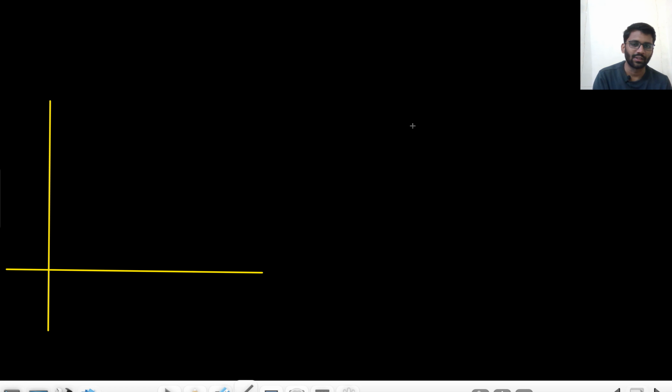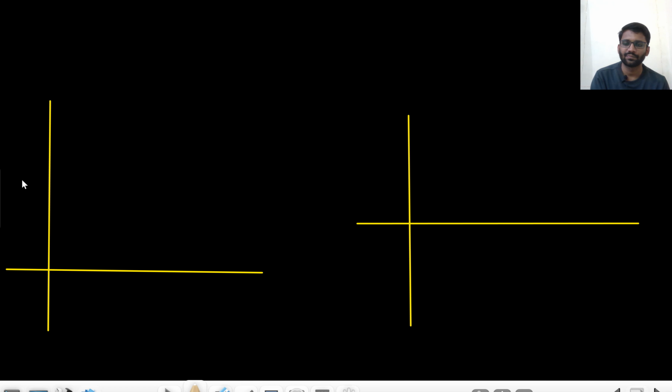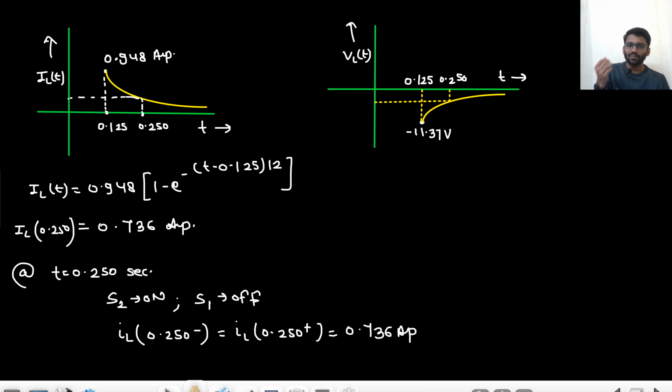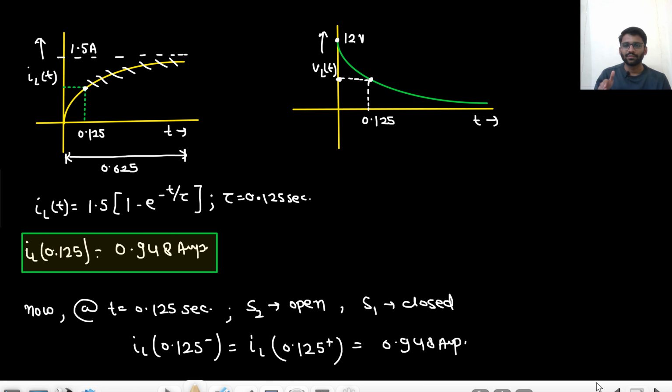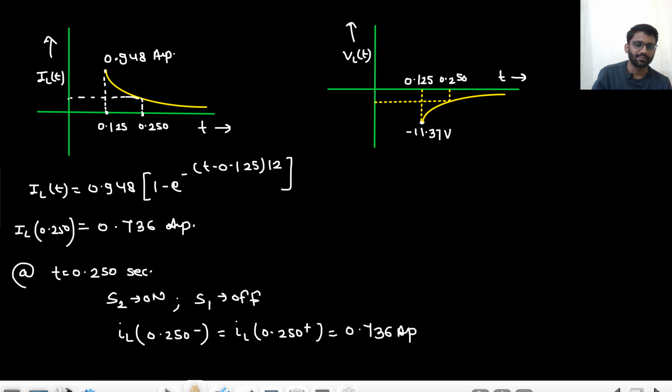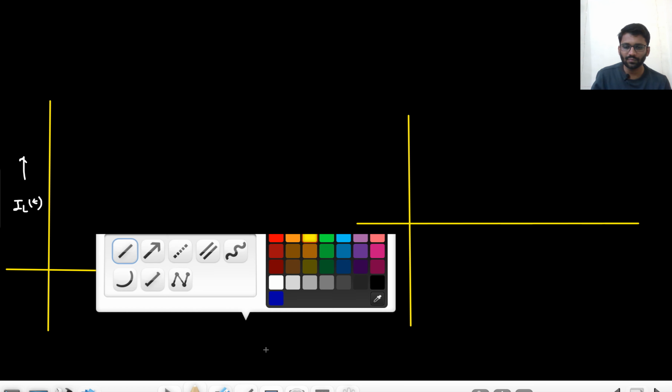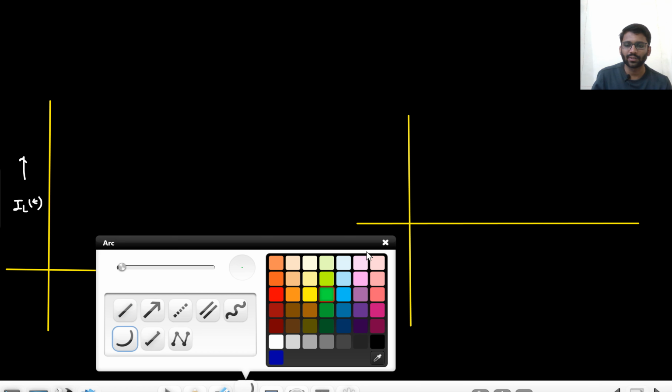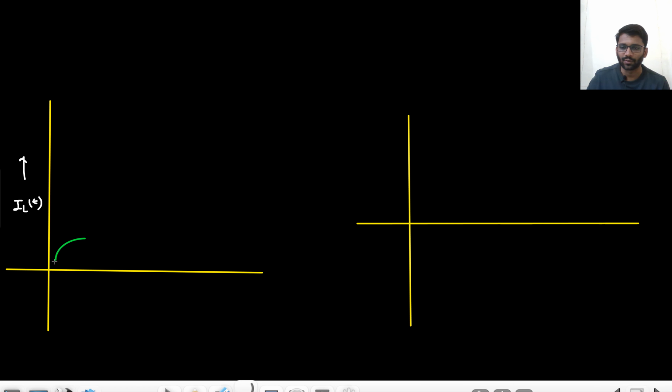This I am making for VL(t), so this was for IL(t) and this will be for VL(t). For IL(t), what was happening? First it is rising from 0 up to some value that is 0.948.